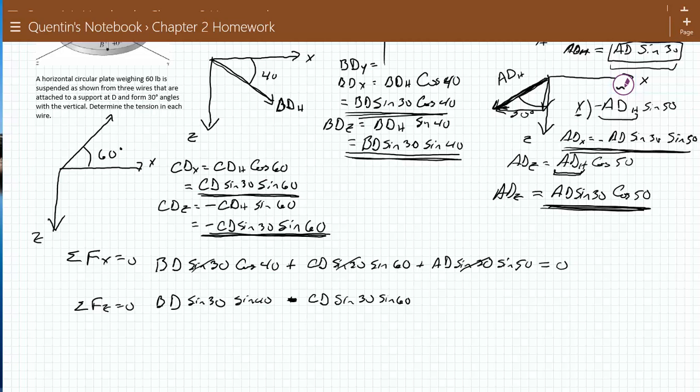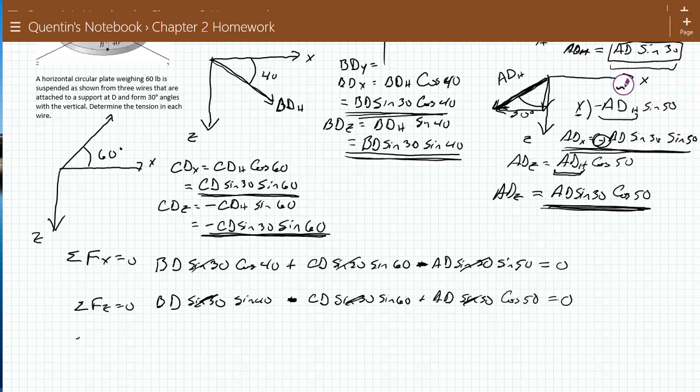Oh, I'm sorry, on the one above, I forgot a negative sign here. This is negative because of this right here that I didn't write. And this is going to be plus AD sine 30 cosine 50 equal to 0. Again, get rid of all the sine 30s.